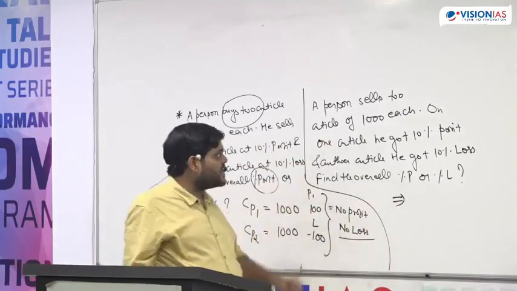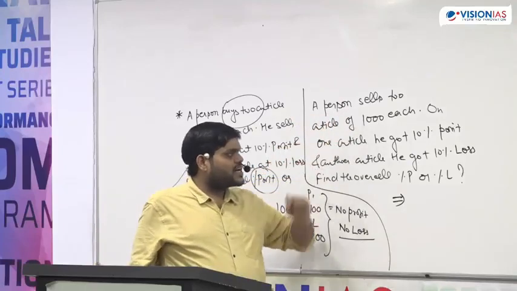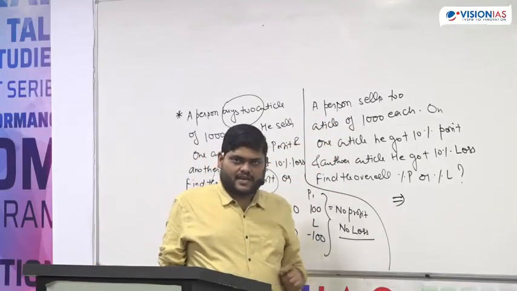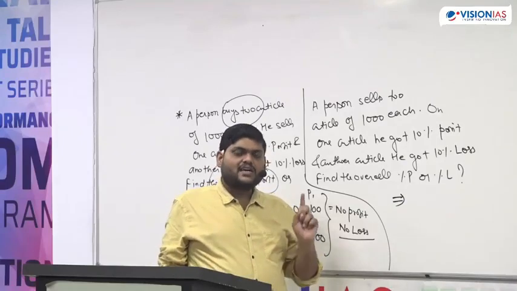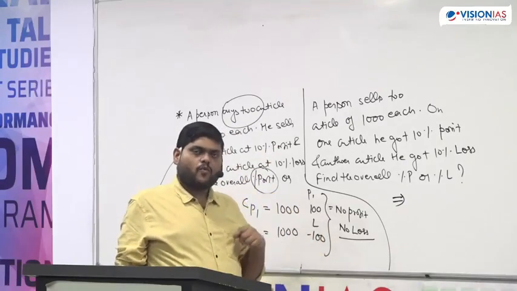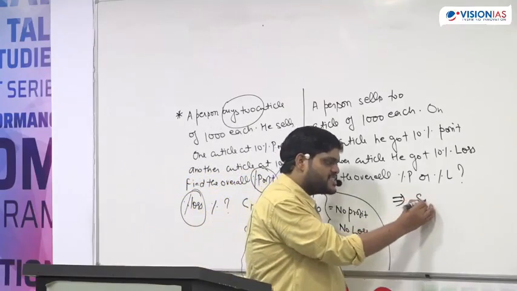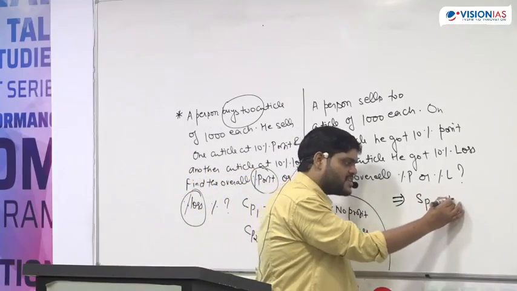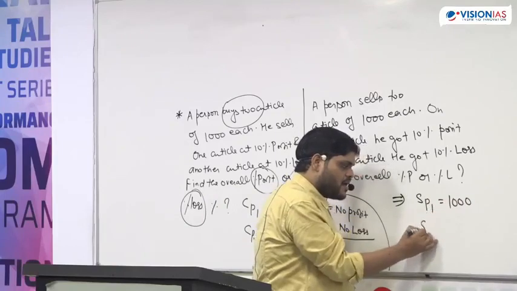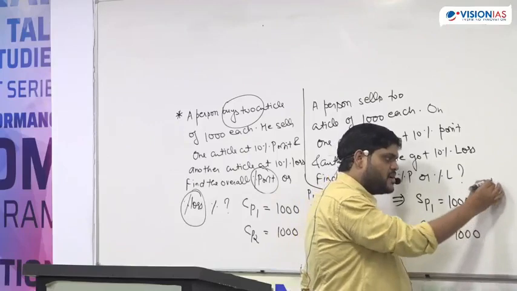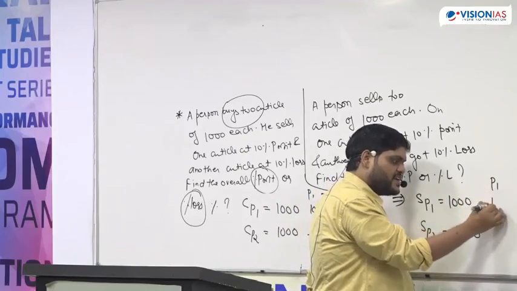What is given here? A person sells 2 articles of 1000 each. Now here the cost price is not given. What is given then? Selling price is given. That means SP1 is given as 1000 and SP2 is also given as 1000. Now profit is given as 10%.